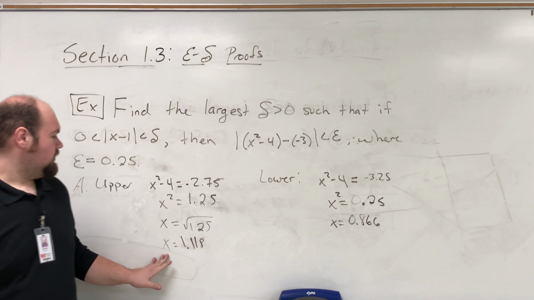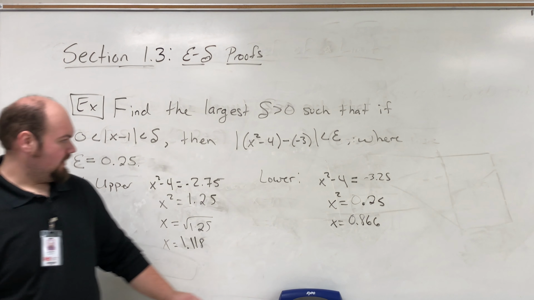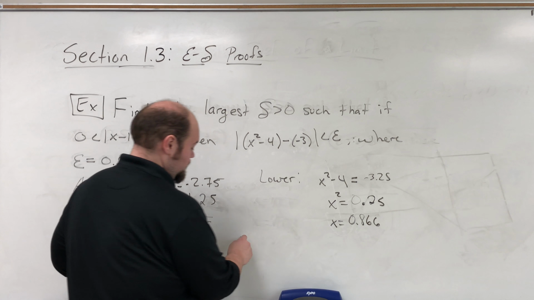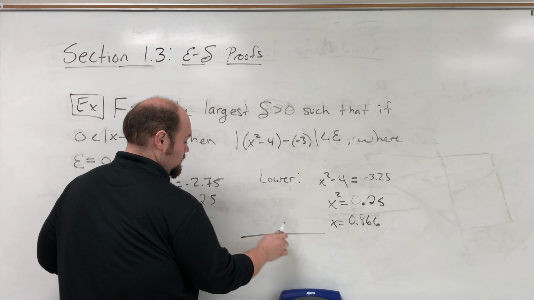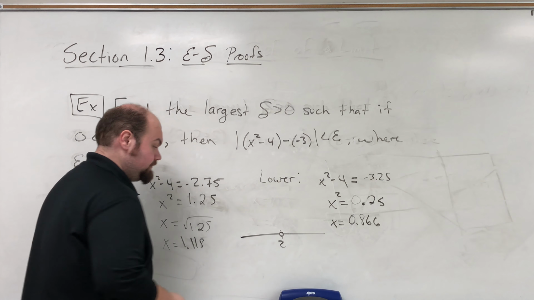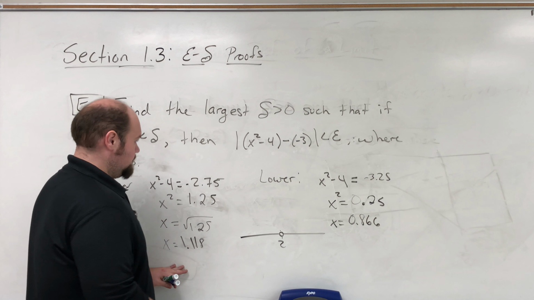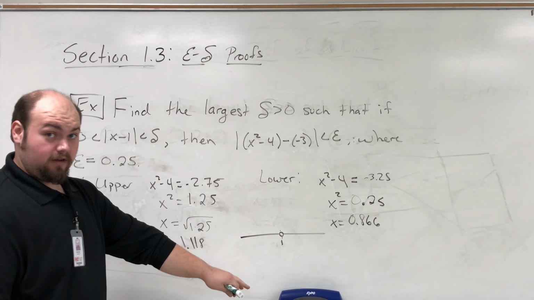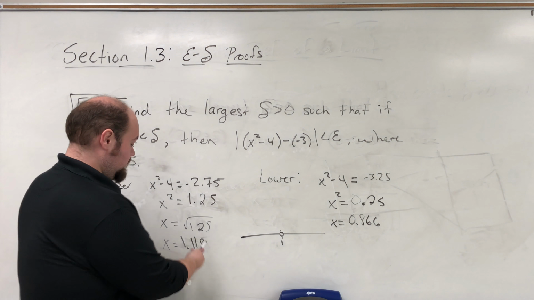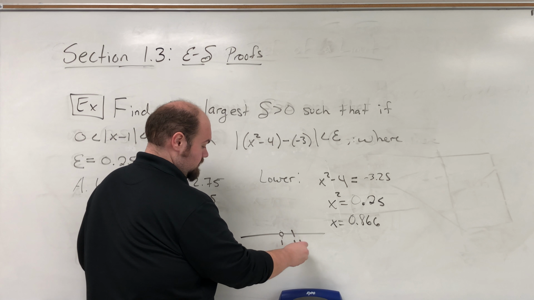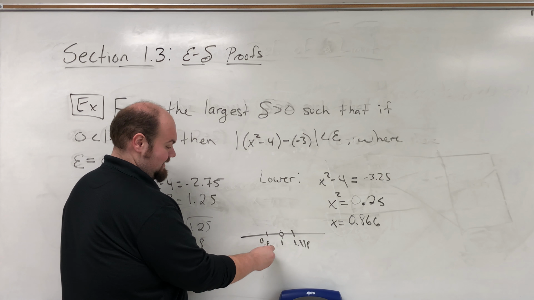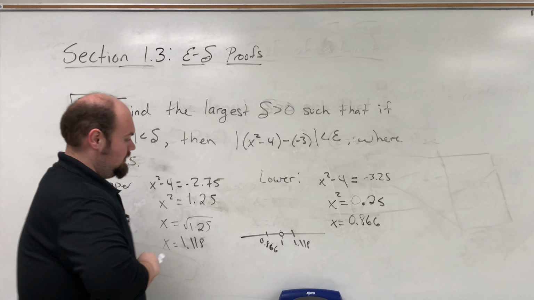So if I add, that's going to give me x squared equal. All right, so I went ahead and solved for the upper bound and the lower bound. And so remember we're centered around 2. We're punctured, we can't be 2. Or sorry, no we're not, we're centered around 1. So remember we're centered around 1, and our upper is 1.118, and our lower is 0.866.